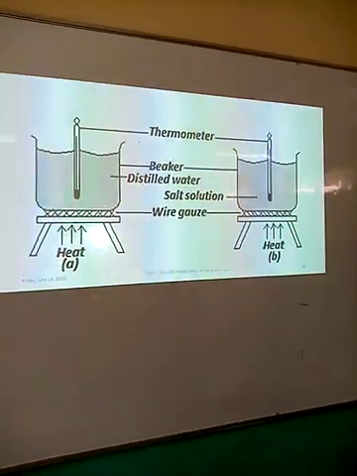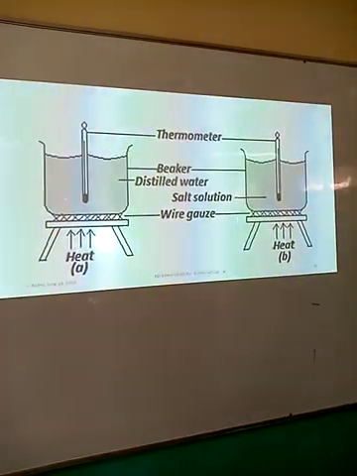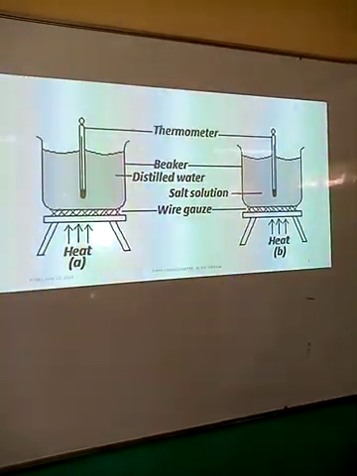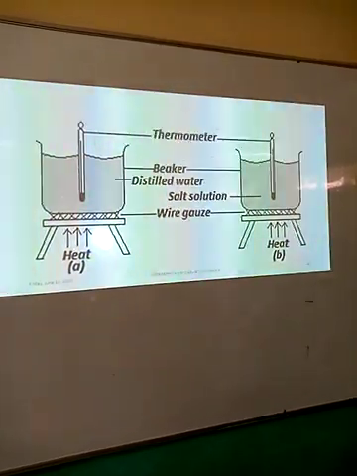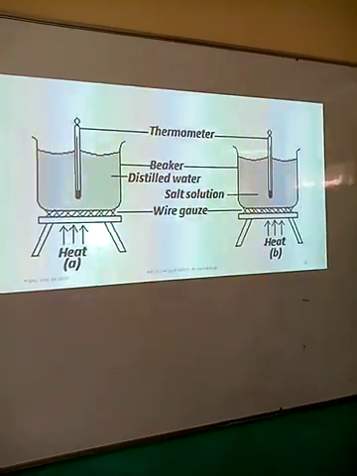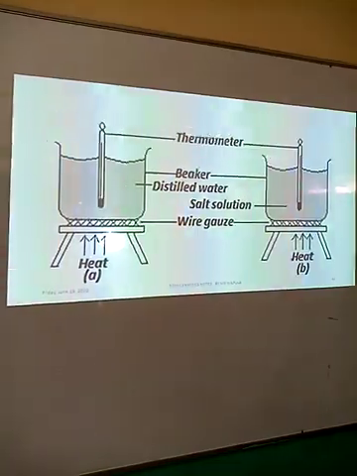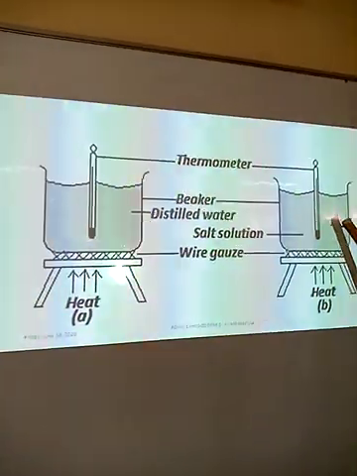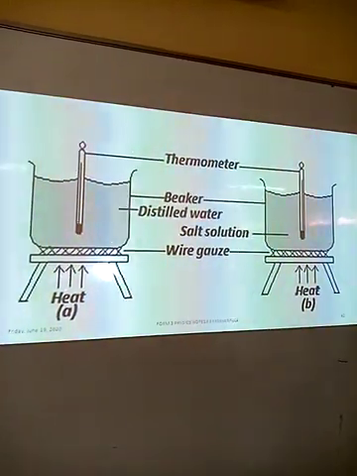So there's an illustration here showing how impurities affect boiling point. We are having two setups here. One, we have distilled water, which is pure. Then in another case, we have a salt solution that is being heated. When they're heated at the same rate, with the same quantity of heat, and within the same time, it will be realized that the one with salt solution will boil at a slightly higher temperature.